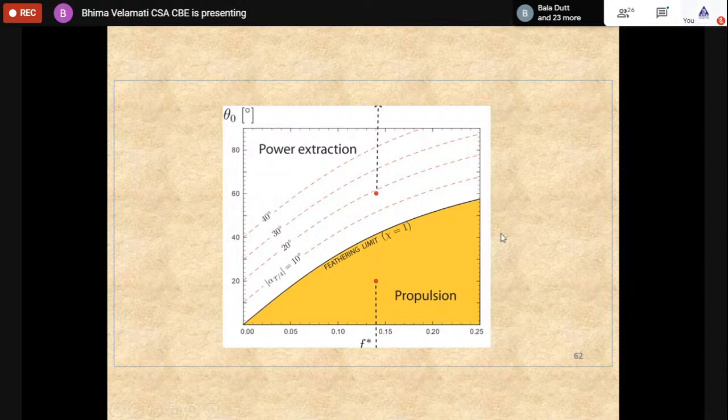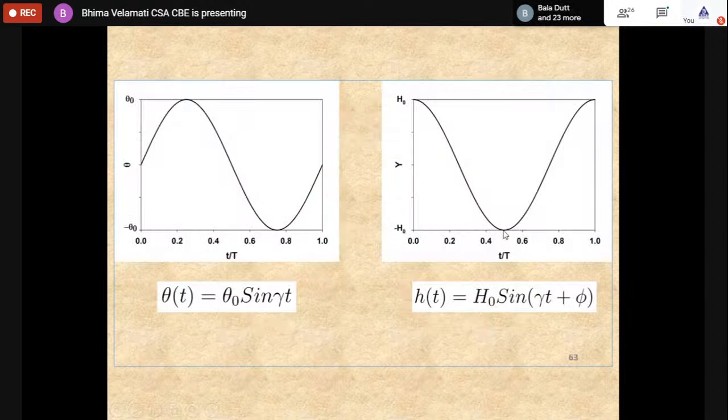I worked on both sides. So you have two motions here for the aerofoil. One is oscillation, the other is rotation. Not exactly rotation, it is an oscillating pitching motion. The pitching motion theta is a sinusoidal motion, where theta naught is your maximum angle, and the heaving or translation motion has amplitude denoted as h naught.